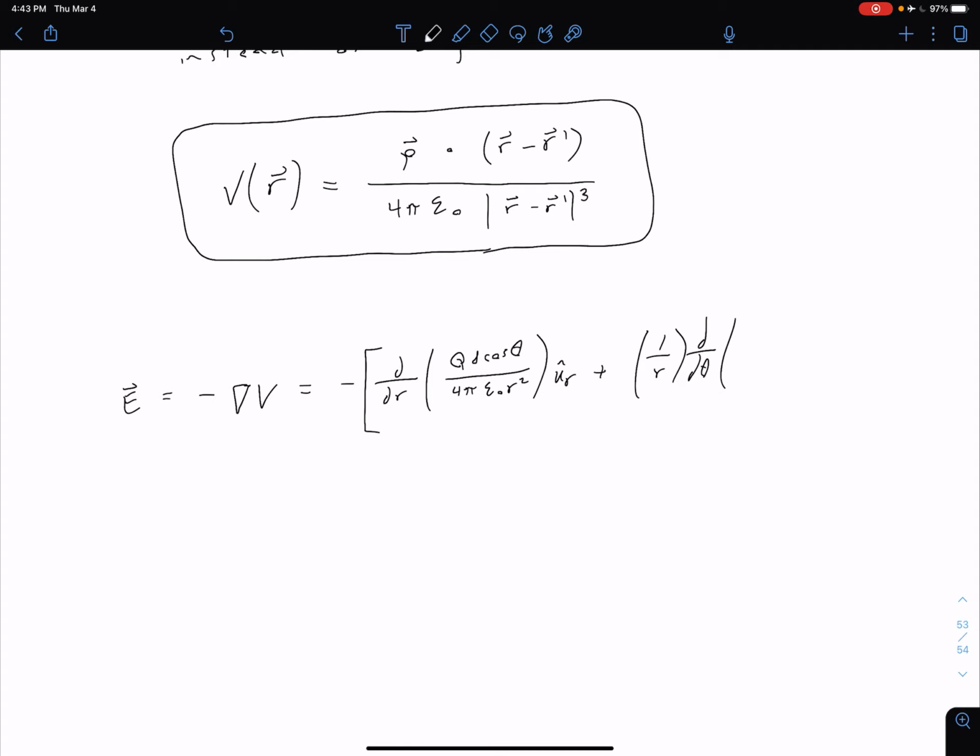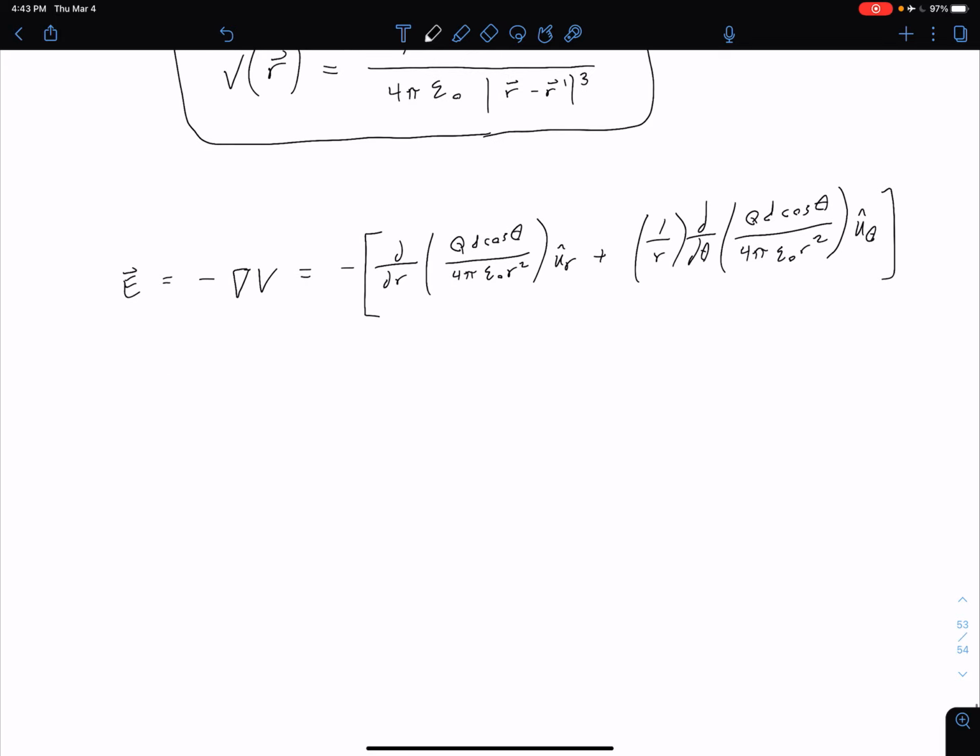I'm just using my general equation for gradient in spherical coordinates. And so that same expression, qd cosine theta divided by 4 pi epsilon naught r squared, is in our theta direction. We don't have a phi direction because our partial derivative with respect to phi is 0, because there's no phi dependence in this potential expression.